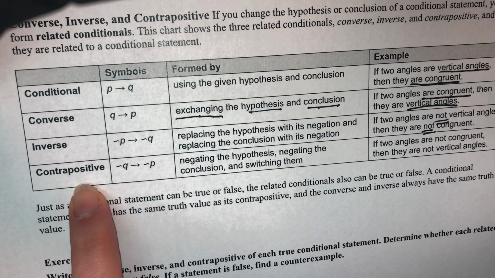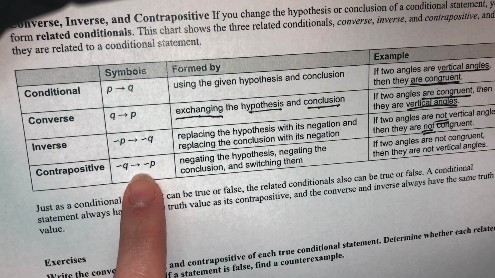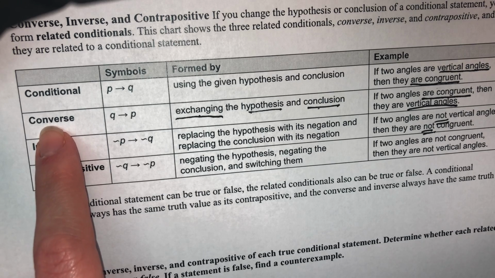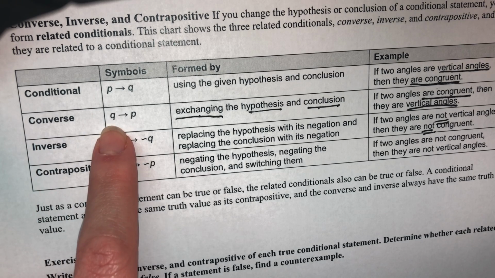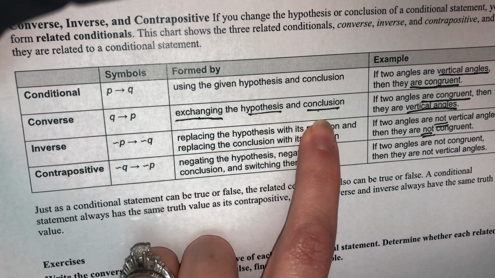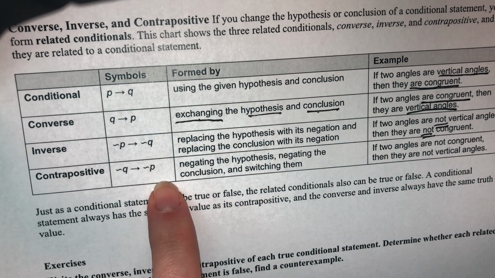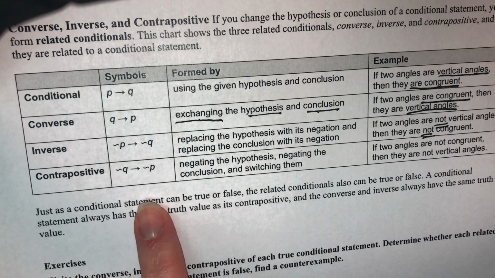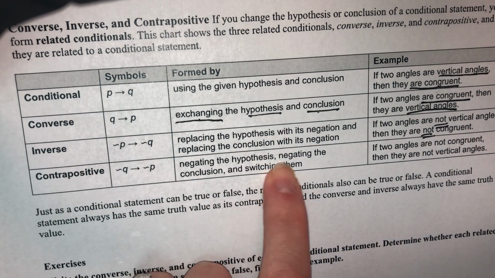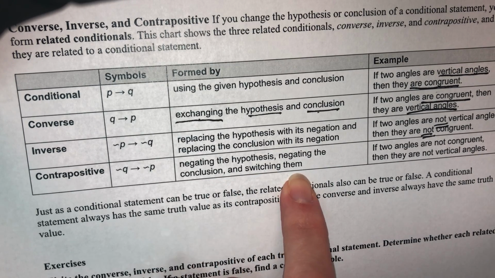Next, we have the contrapositive. The contrapositive is more like the converse. You take your converse, where you have switched the hypothesis and the conclusion, and you put the word not in both parts. So it's kind of really like combining these last two concepts. You're negating the hypothesis and you're negating the conclusion and you're switching their order.